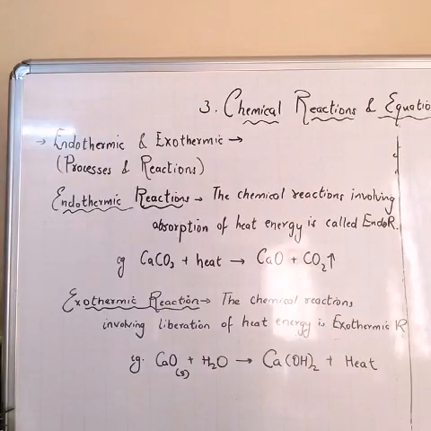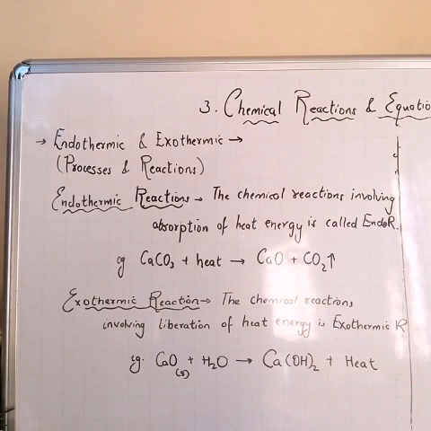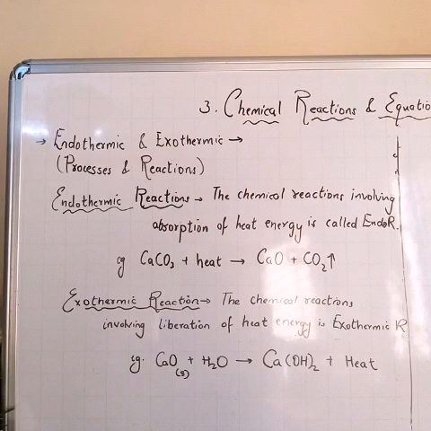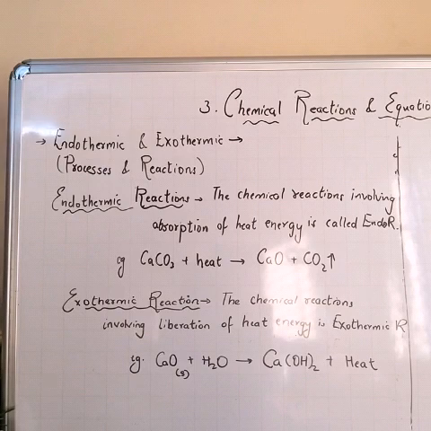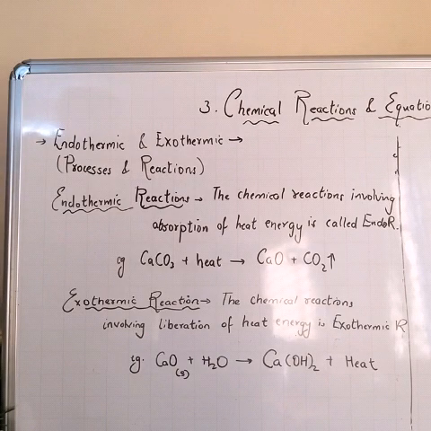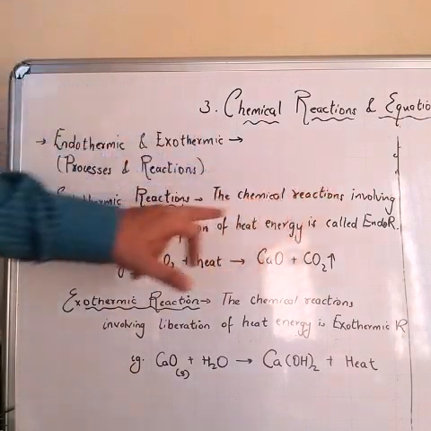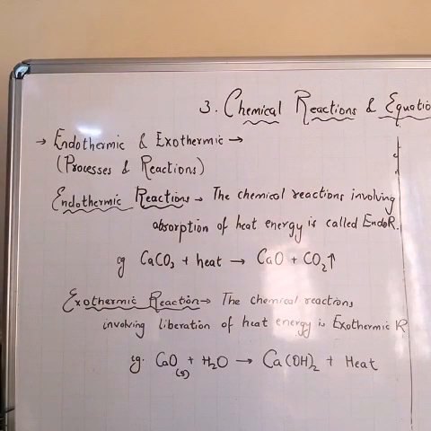Let's now talk about endothermic and exothermic reactions. When I mention reactions, it is about chemical reactions, not physical processes, and the definitions are exactly similar to what we learned in endothermic and exothermic processes. The chemical reactions involving absorption of heat energy are called endothermic reactions.